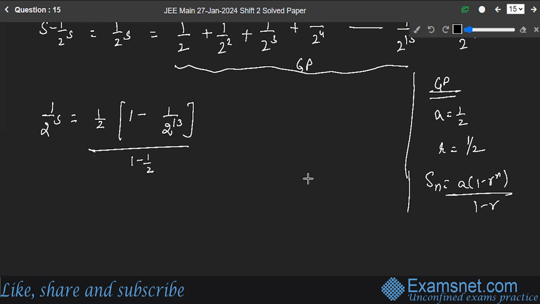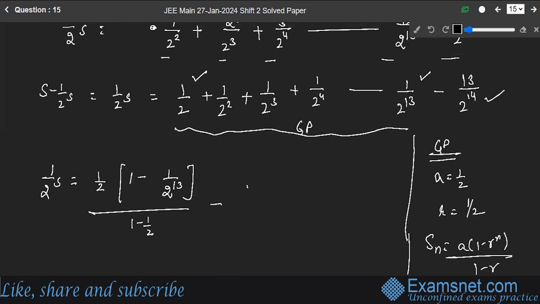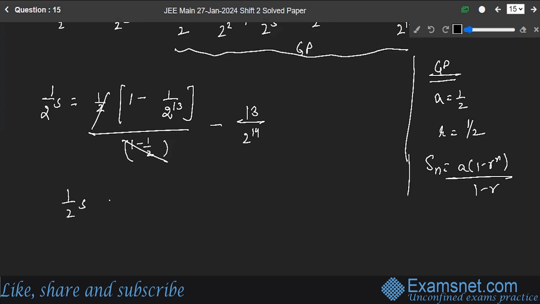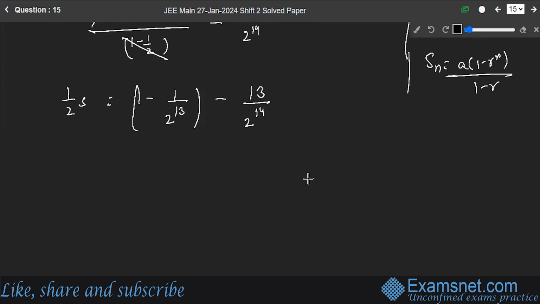Then what you had was a minus, it was this thing, 13 upon 2 power 14, right? So this half and this 1 minus 1 by 2 will cancel out each other. And you will have 1 by 2 S is equal to 1 minus 1 by this, minus 13 upon 2 raised to power 14.